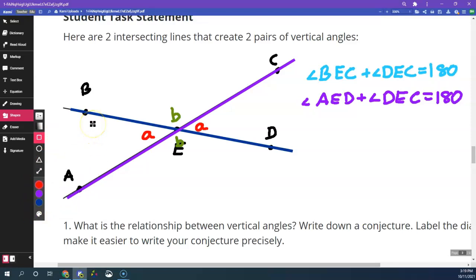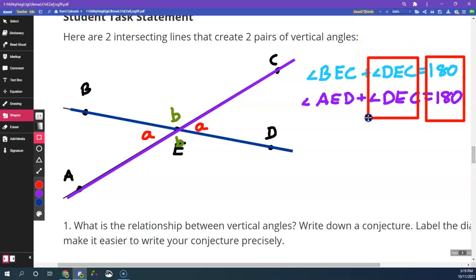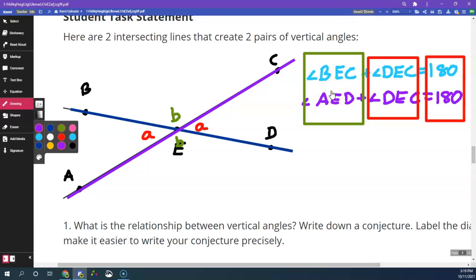Now, here's a truthism with mathematics and equations. So if these are true right here, like 180 is equal to 180, right? And I know angle DEC is equal to angle DEC. So what else must be true? Yeah, these two are equal to each other, right? And that is how I'm proving the angles are congruent.